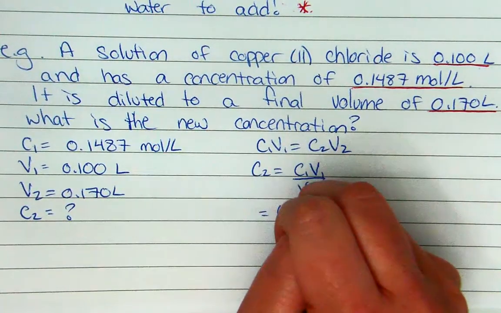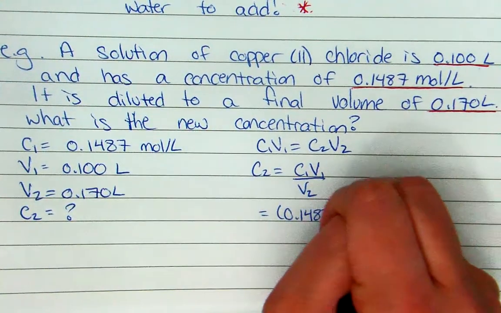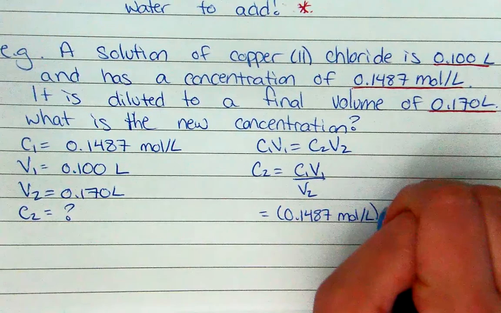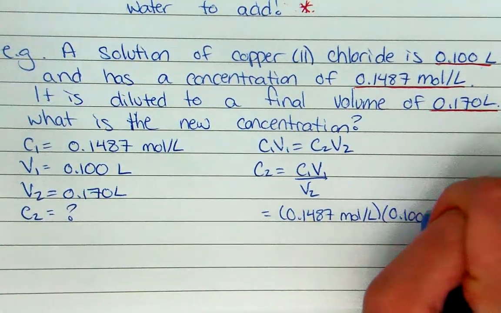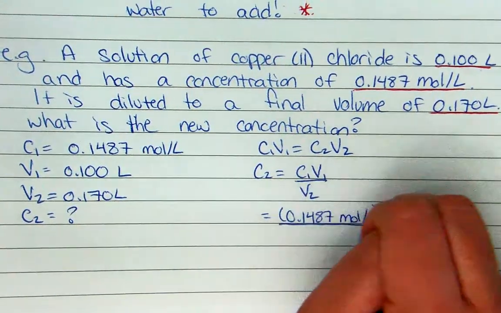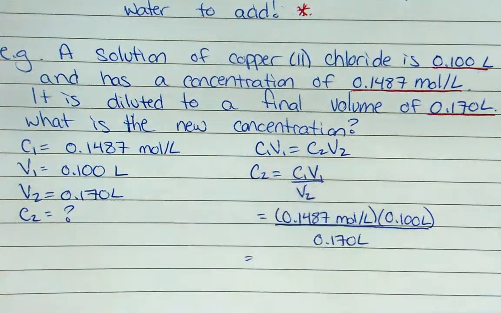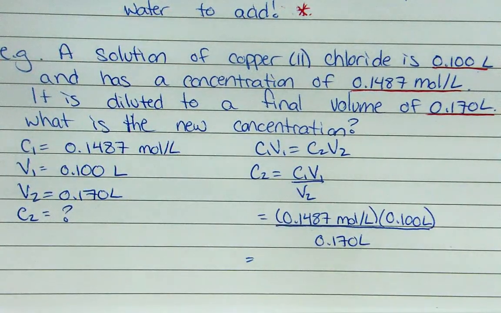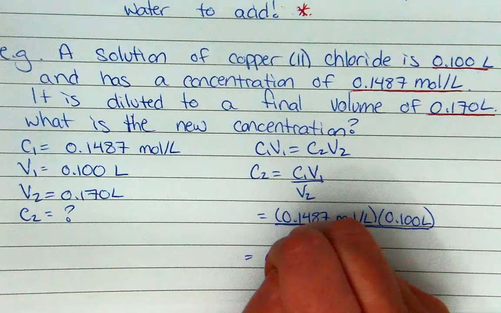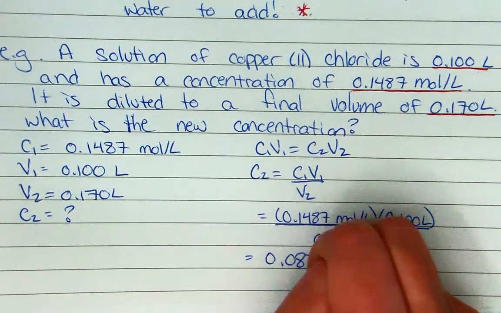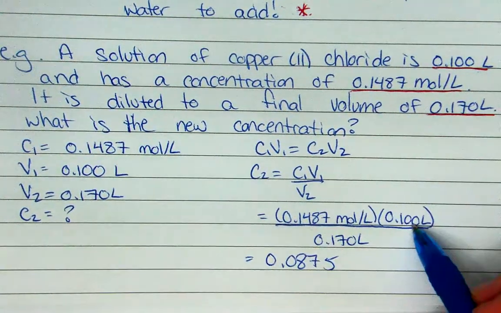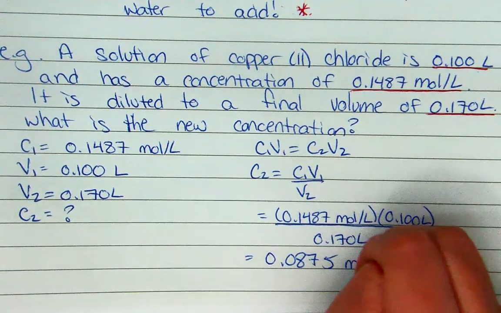Let's do the math. And I get 0.087875. I need 3 sig digs, so 0.0875 moles per liter.